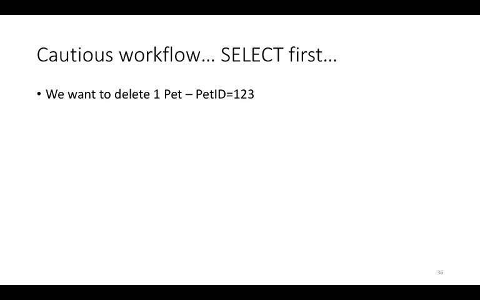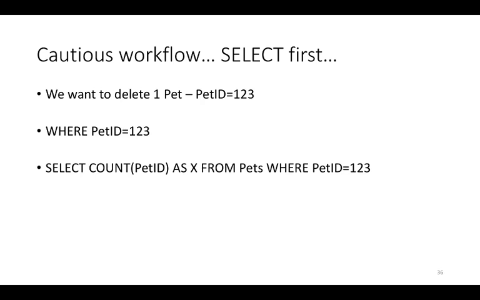So we want to delete one pet, ID equals 123. So our where clause is where pet ID equals 123. Well, the first thing I'd probably do is I'd say select count pet ID as X from pets, where pet ID is 123. So I've run the same where clause, but we're going to get a count.